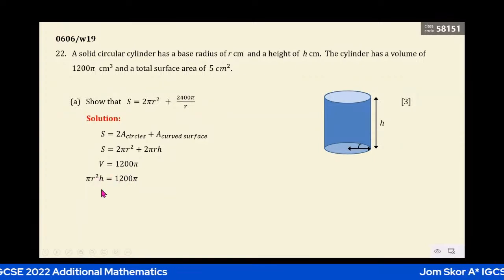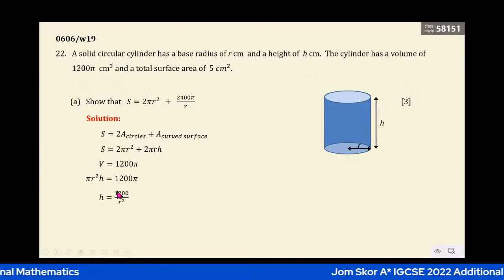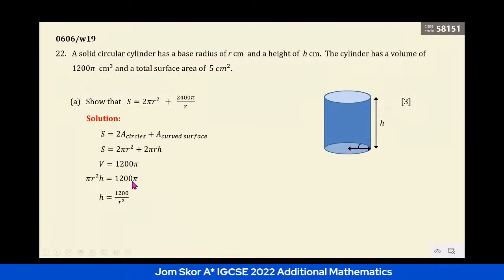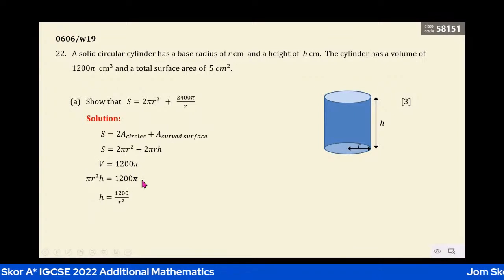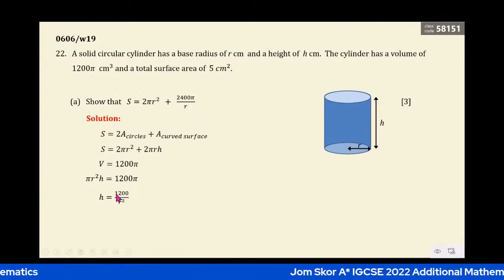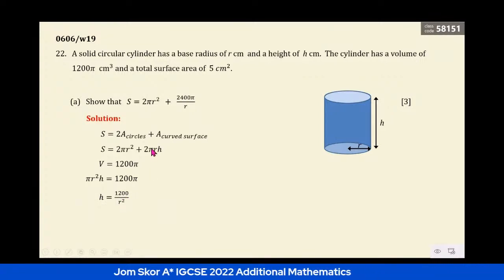Therefore, you will get h in terms of r as 1200 pi over pi r square. Since we have pi on both sides, here you have pi, and then here also pi, so you can cancel out this pi. Okay, so h in terms of r is 1200 over r square. So you substitute into your surface area here.